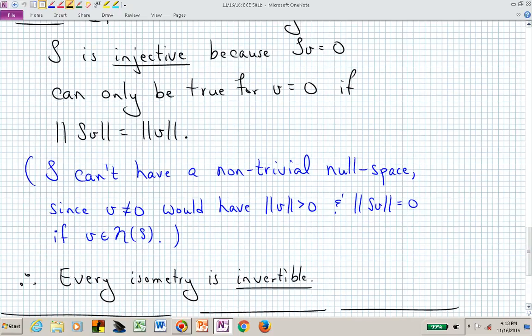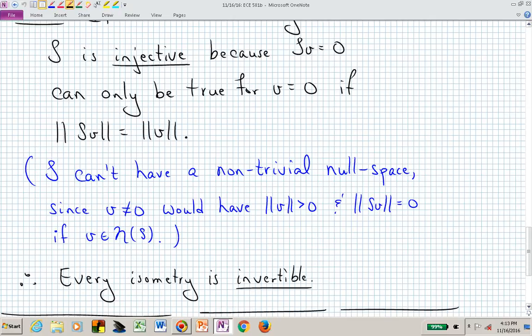And for operators instead of maps, if it's injective, then we have these three equivalences. If it's injective, it's surjective and invertible. Surjective meaning has an R in it, so now the range space fills up the entire output vector space.